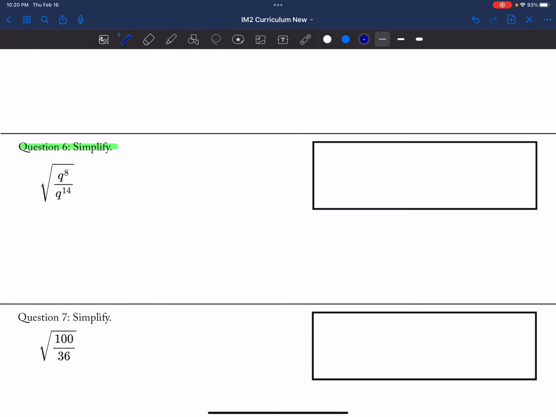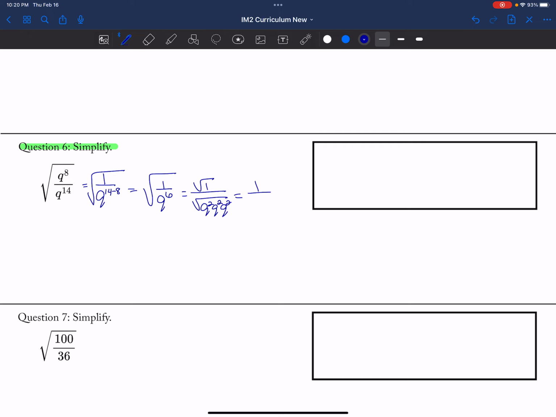So there's a way to reduce this. This is the same thing as 1 over q to the 14 minus 8, all square rooted. So this is the square root of 1 over q to the 6th. And then now, this is the same thing as the square root of 1 over the square root of q squared, and a q squared.